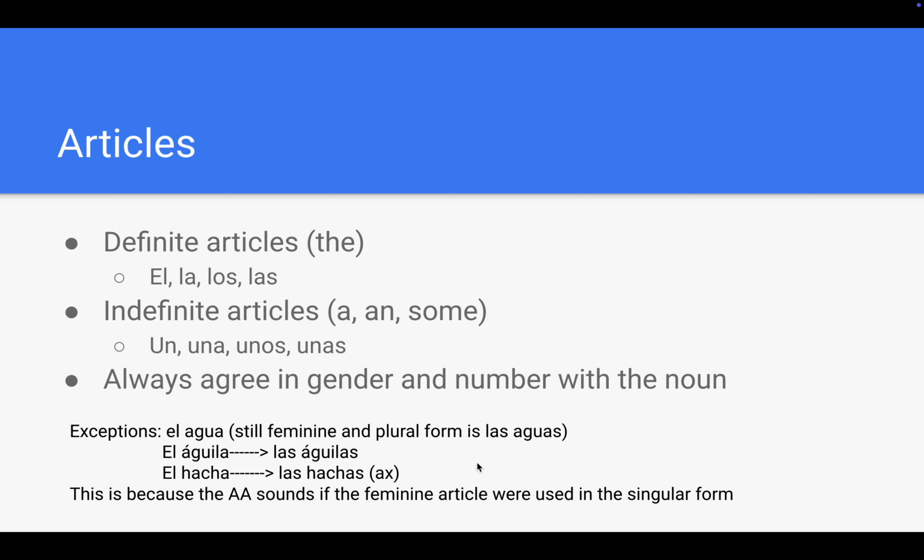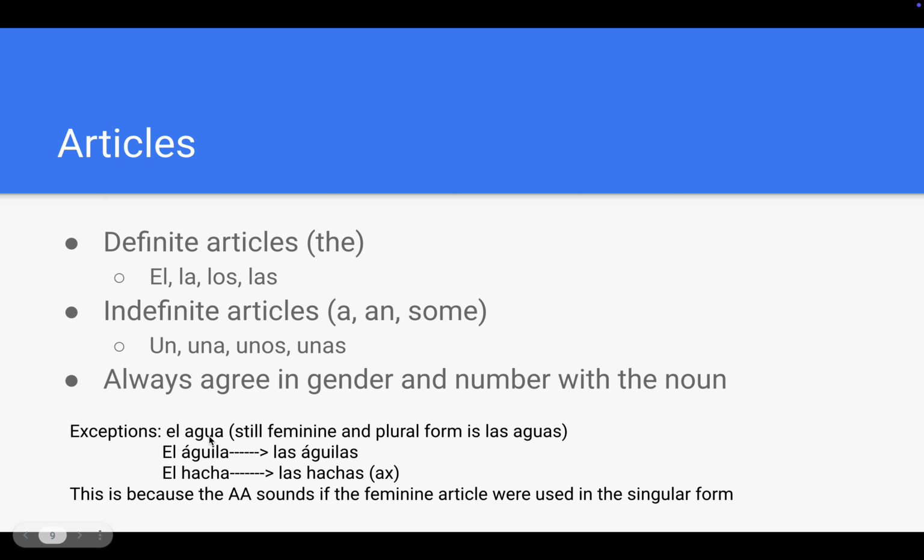And then there's another exception note. So these are words like agua is another common word. It means water. Agua is a feminine noun. It ends in an A. It is feminine. However, when we say el agua, we use the masculine article here.